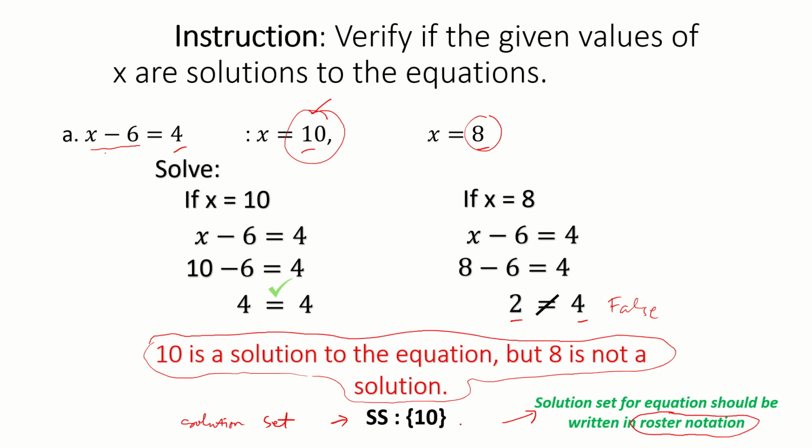Sometimes when we write our final answer in roster notation, what gets written is the 4 and not the 10. Remember, the 4 is not our solution. Our solution is whatever we substituted for x. That's a 10, not a 4. So again, braces, SS as an abbreviation of solution set, then colon, and then braces, and you put 10 inside it.